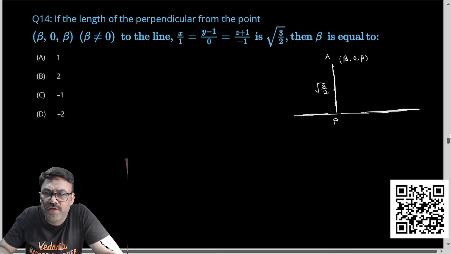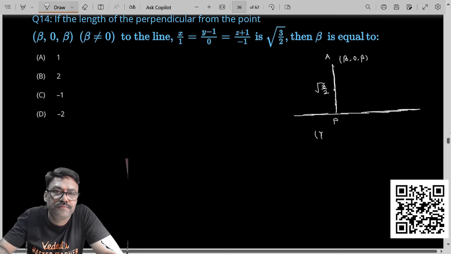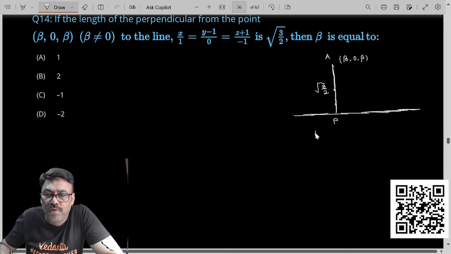P is any point on this line, and any point on this line can be taken as lambda. If I equate this line to lambda, x will be lambda, y will be 1, and z will be minus lambda minus 1.